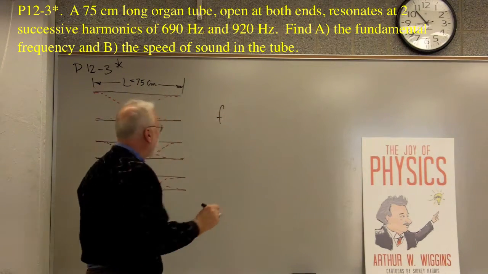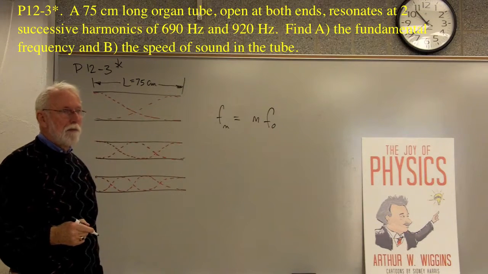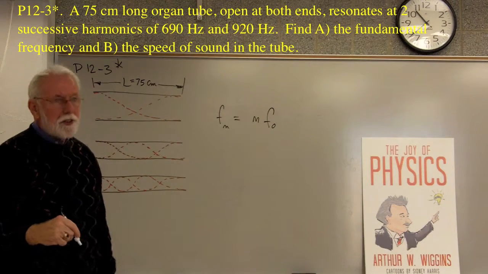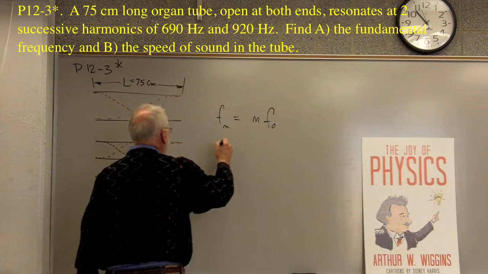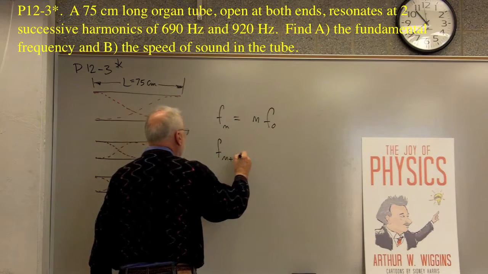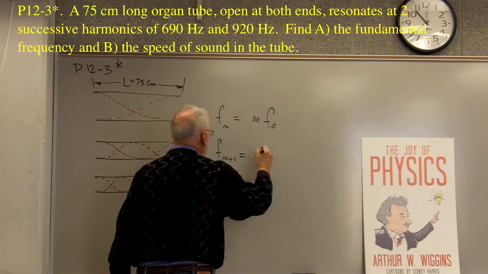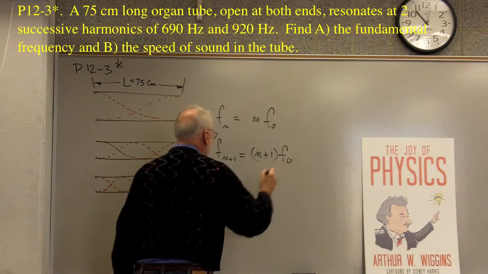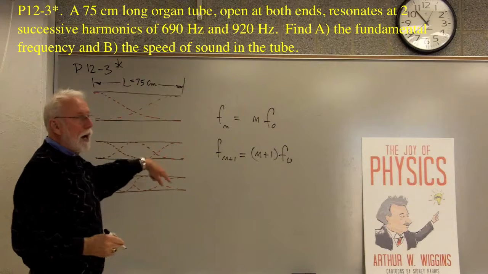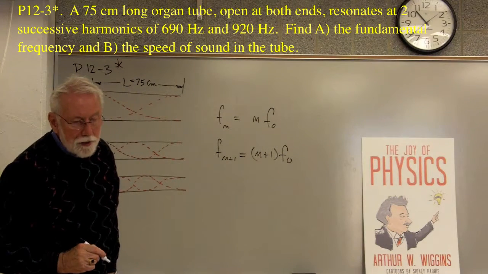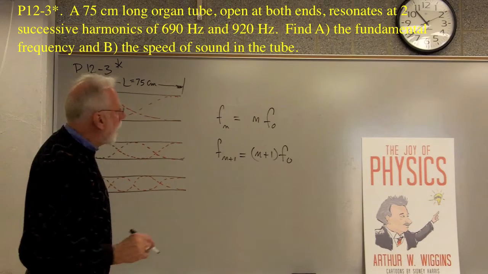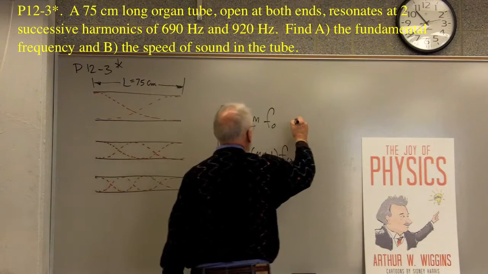The nth harmonic is n times f0. Okay? Then it says the next successive harmonic. Then that must be f(n+1), and so this must be (n+1) times f0. So these 2 harmonics then are successive. Okay. And it tells us then that this is 690 hertz and 920 hertz.